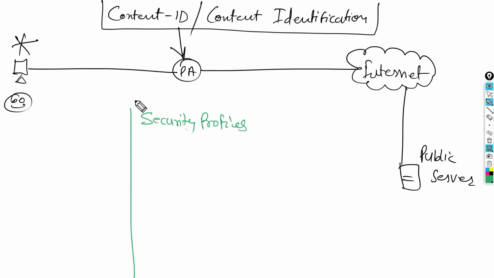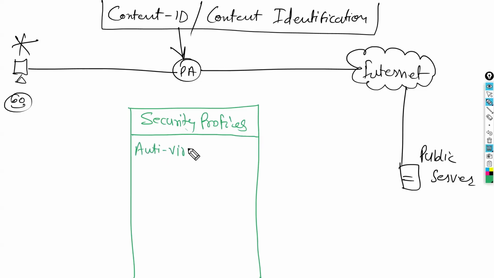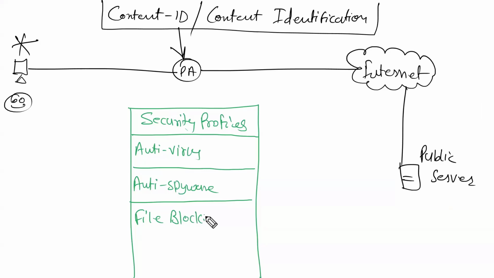profiles. And at the Palo Alto firewall, we have different types of security profiles like antivirus. Next, we have anti-spyware. Next, we have file blocking.